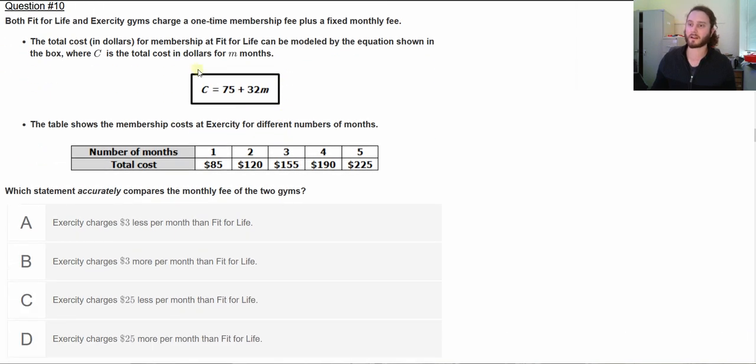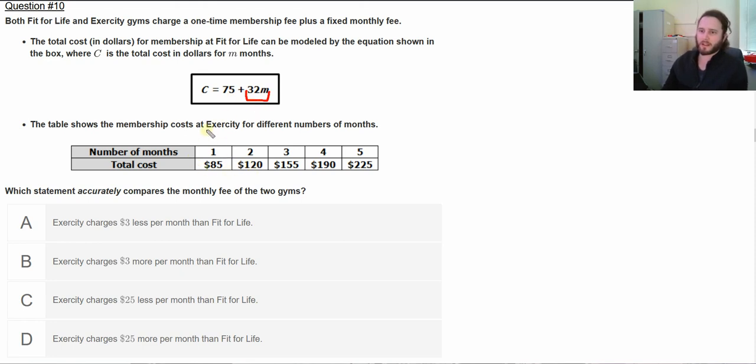Number 10, comparing two rates. So pause this here, read this carefully, and see if you can tell the rate of change for each of these two functions. So for this problem, we're mostly focusing on the slope, which would be 32 for this first one.